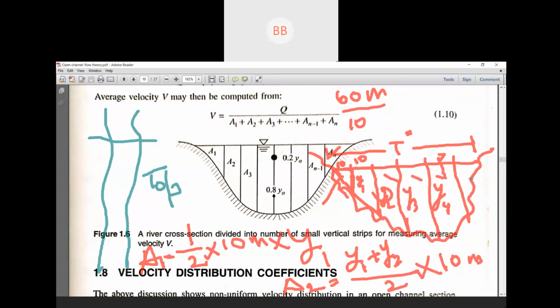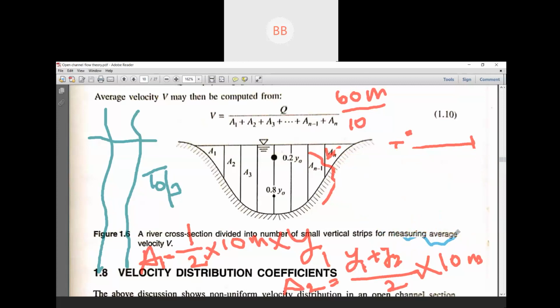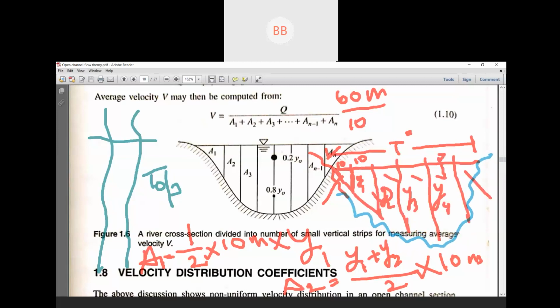The last section again we consider as triangular, that is half into base into altitude. Once you calculate all the areas, to get the total cross-sectional area we add them up.